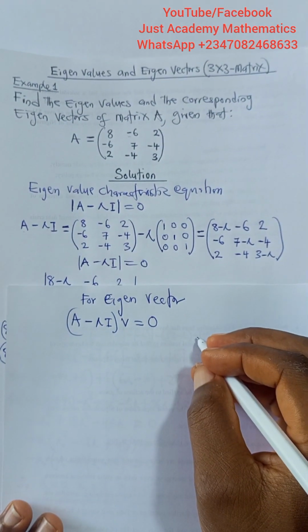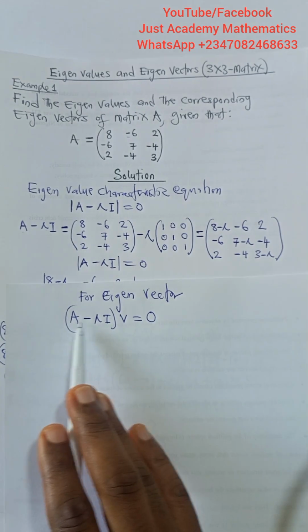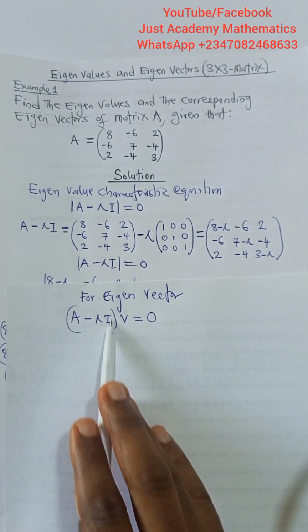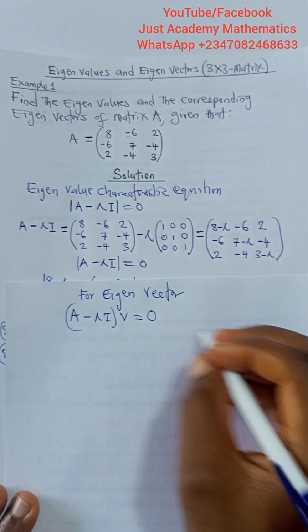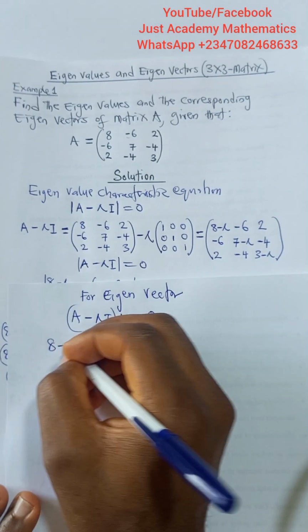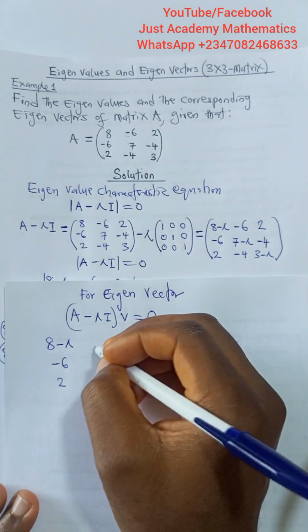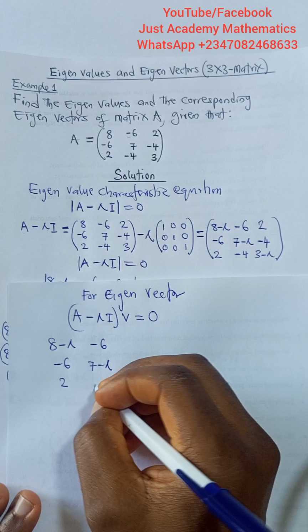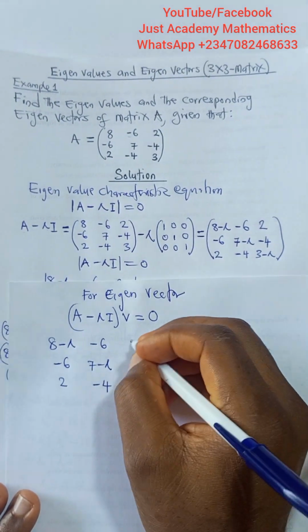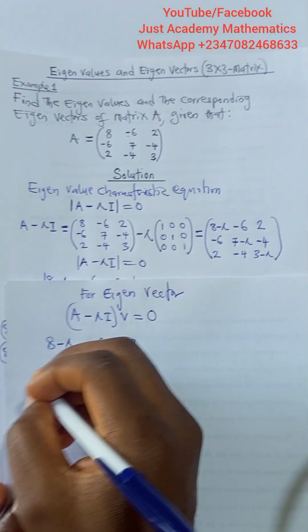You know that one. So I want to write this out, which is 8 minus lambda, minus 6, 2; minus 6, 7 minus lambda, minus 4; 2, minus 4, 3 minus lambda.